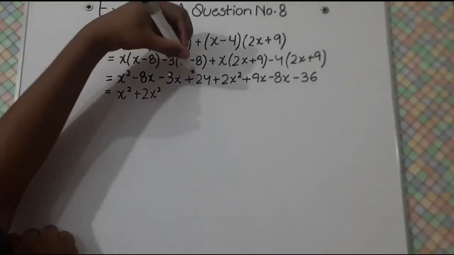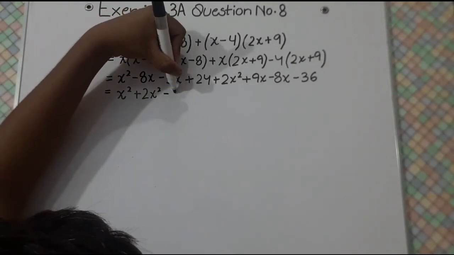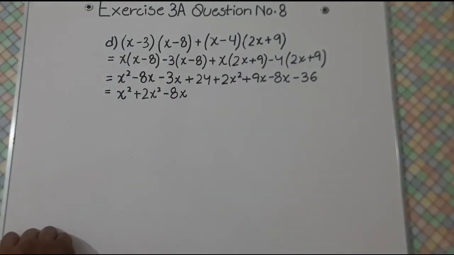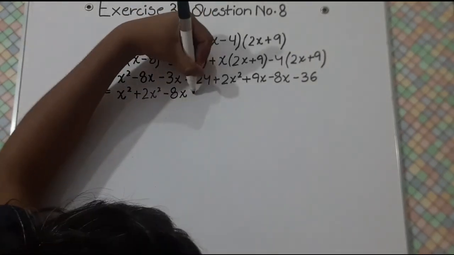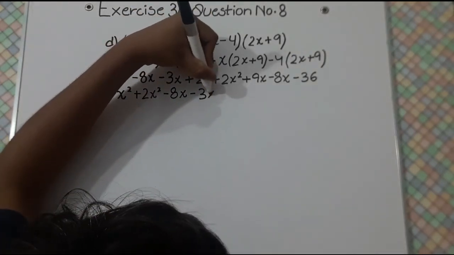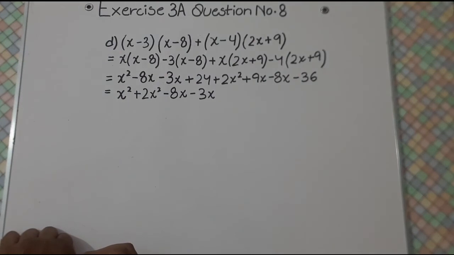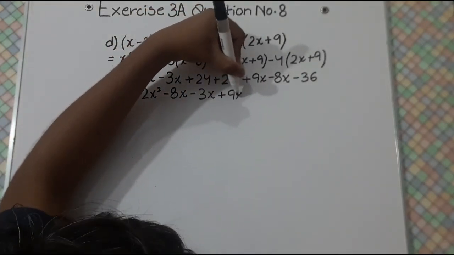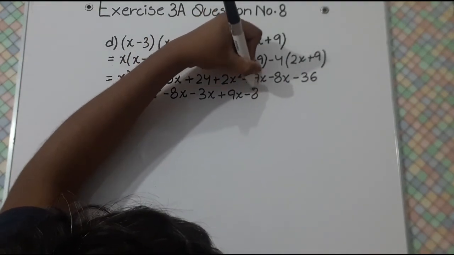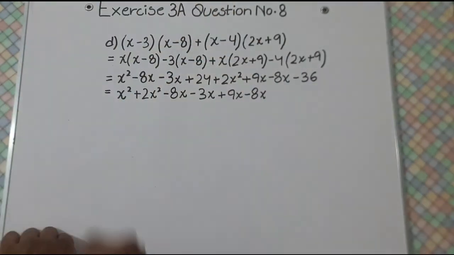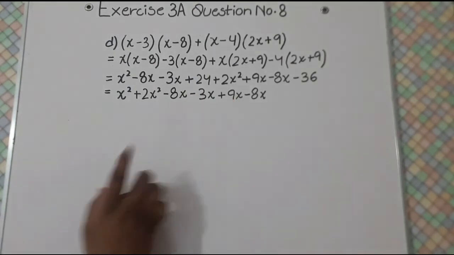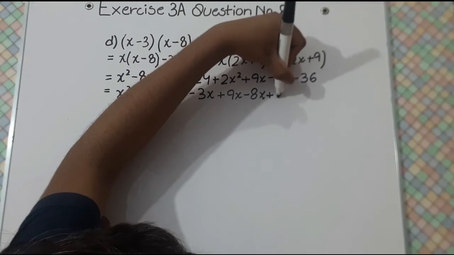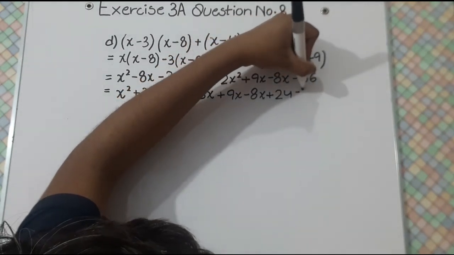So we are going to write them together, minus 8x, then minus 3x, plus 9x and minus 8x. We are left with plus 24 and minus 36. We are going to write them, plus 24 minus 36.